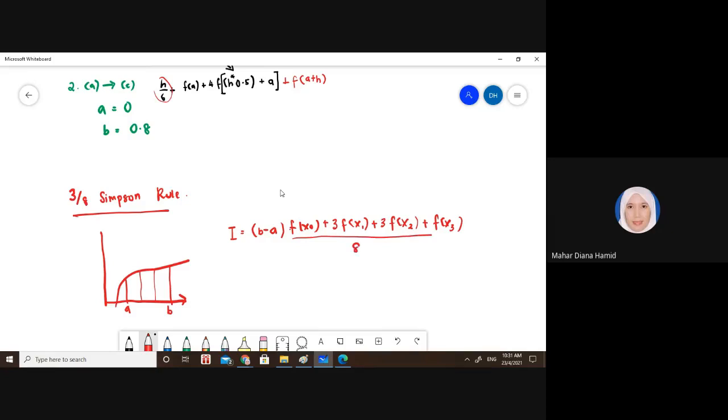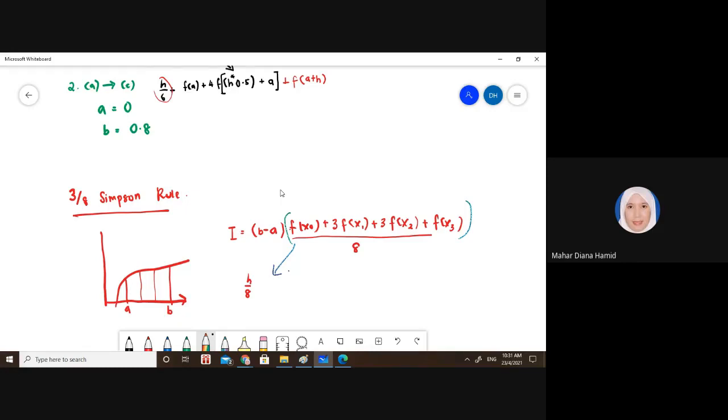So if you try to do that in MATLAB, you will see that H equals F times this value here. So your job is to devise how you will get the MATLAB codes for this particular three-eighths Simpson's rule.